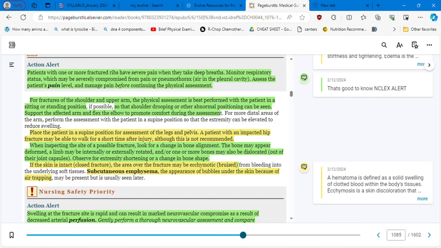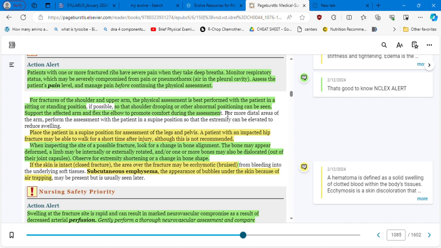For fractures of the shoulder, this is another location, and upper arm, the physical assessment is best performed with the patient in a sitting or standing position, so that shoulder drooping or other abnormal position can be seen. Support the affected arm and flex the elbow to promote comfort during the assessment.